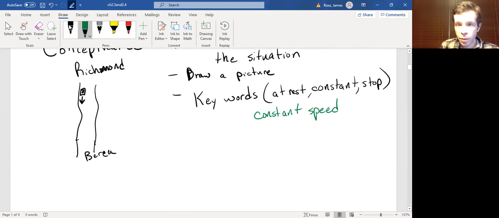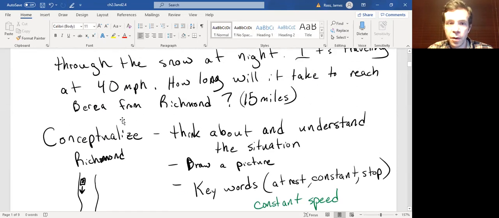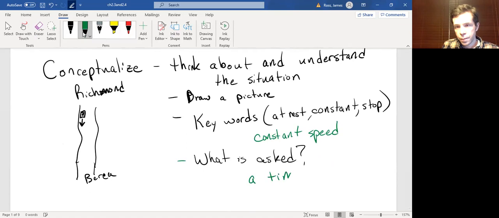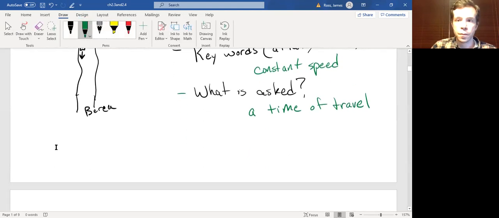All right, the next thing we want to do is what is asked. Well, we said, how long is it going to take to reach Berea from Richmond? So we're looking for a time. And common sense check.